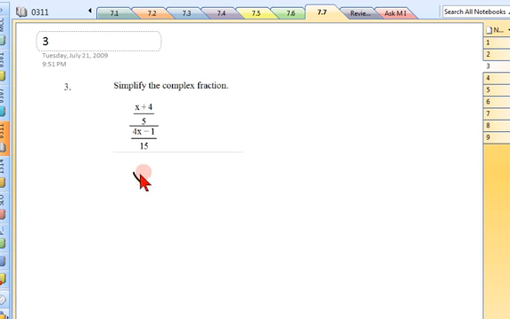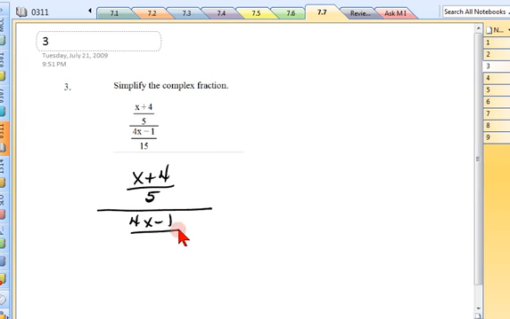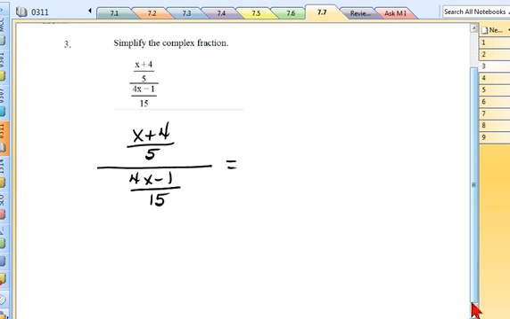I have x plus 4 over 5 all over 4x minus 1 over 15. Do you see it as a type 1 problem? Single fraction over single fraction.